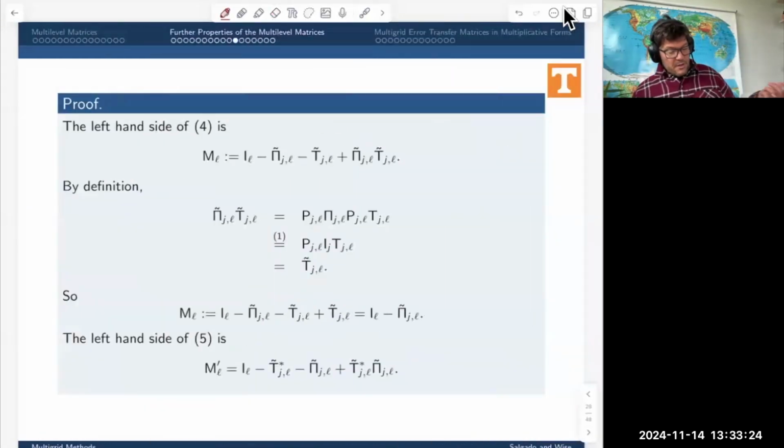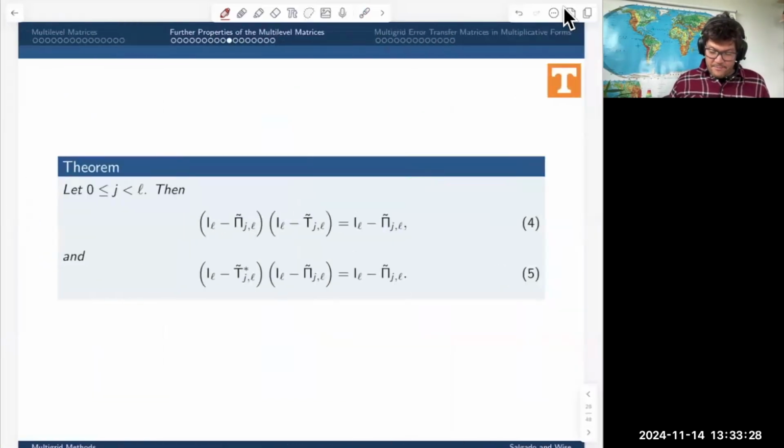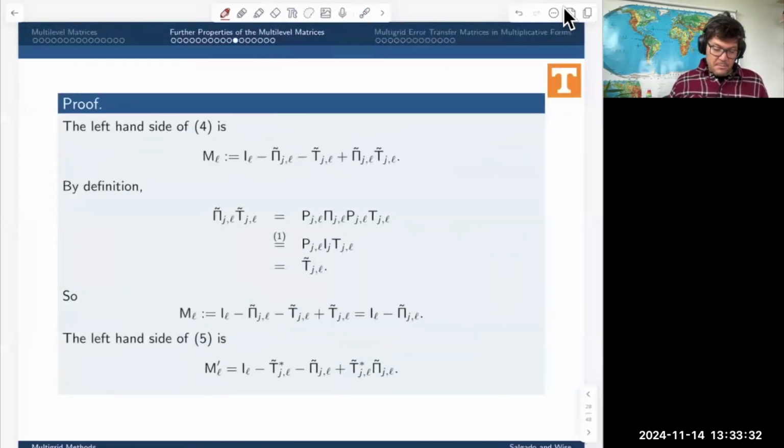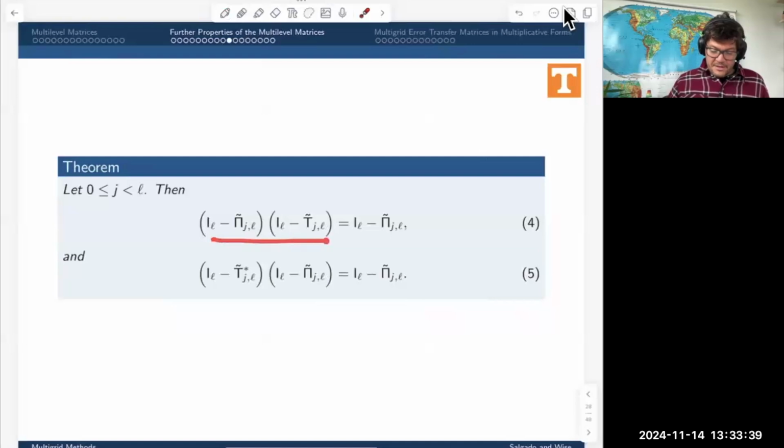All right, so let's start off by investigating the left-hand side of 4. So we need to FOIL this out. But of course, you need to be careful when you do the FOIL process with matrices, because order matters in general.